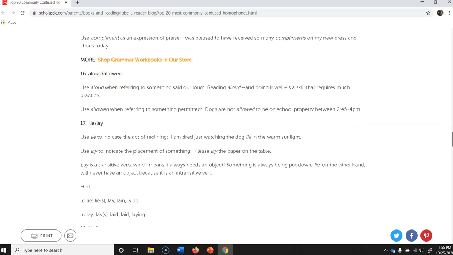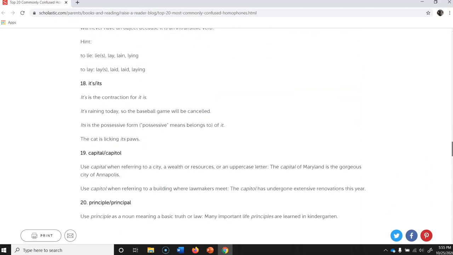And then the last one that I want to review with you, or the second to last one, I should say, is it's and its. We've talked about that one before when we talked about the apostrophe, but it's an important one, okay, because people make mistakes with it a lot. Remember that IT apostrophe S is the contraction for it is. So it's Friday, okay? It's raining, okay?